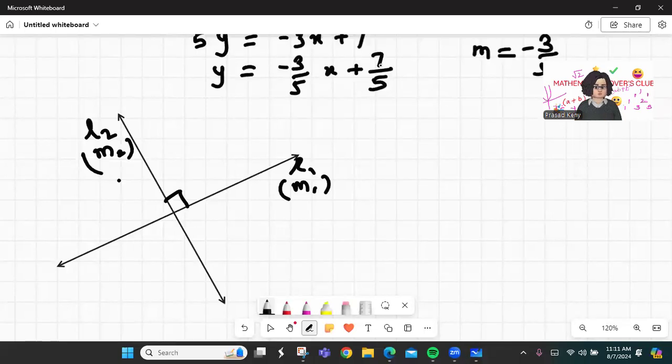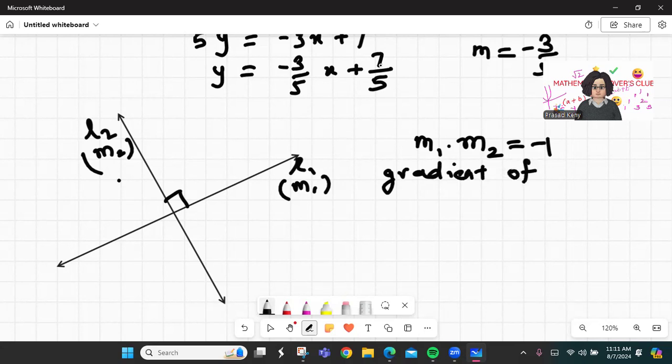If two lines are perpendicular to each other, the product of their gradients is -1. That means M1 into M2 is -1. So, in this case, the gradient of line L1 is -3/5.